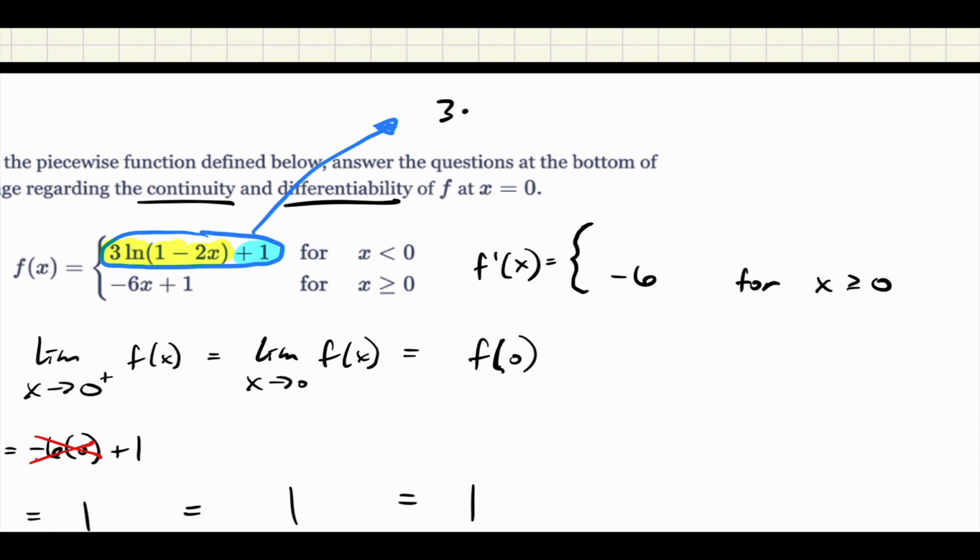How do I find the derivative of natural log? What does the derivative of a natural log say? We're going to rewrite it at the bottom. Whatever was inside the natural log, so 1 minus 2x, goes at the bottom. What goes at the top? The derivative of that, which is just negative 2.